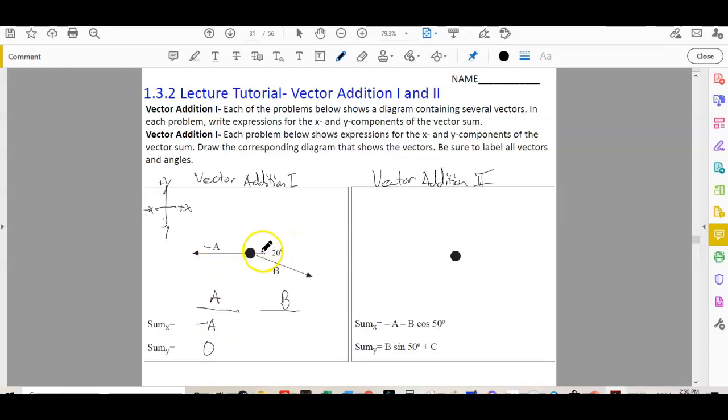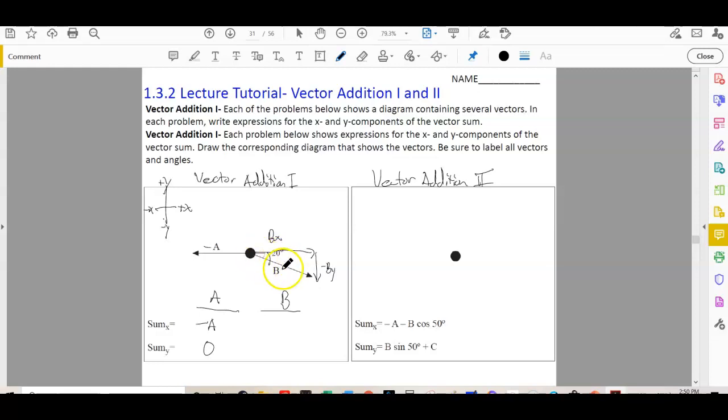This B vector is pointing to the right at an angle 20 degrees below the horizontal, which means it has a BX component pointing to the right, and a BY component pointing down. If this is 20 degrees right here, and you have to use the angles Professor Mark gives you, so here we go.